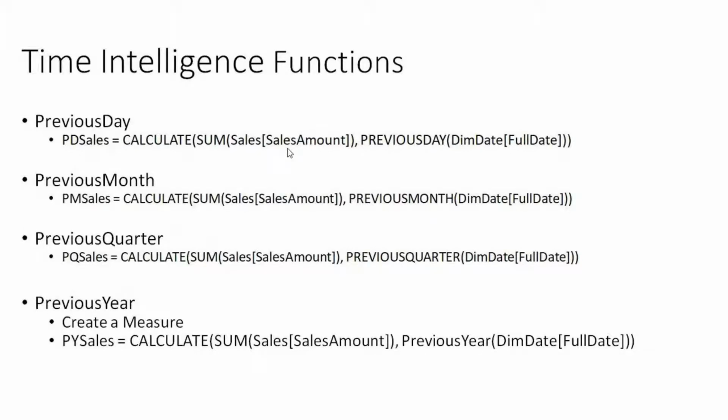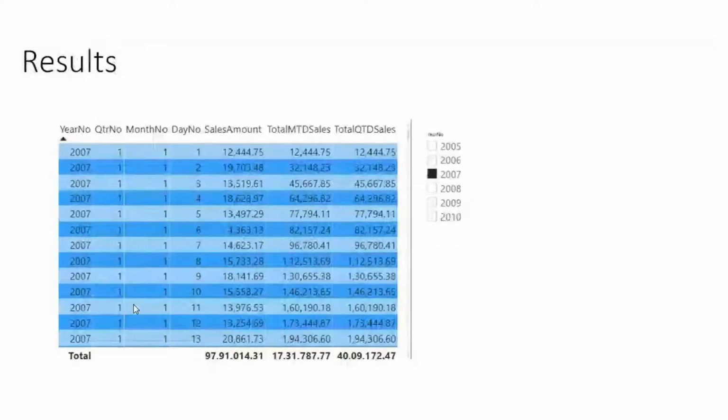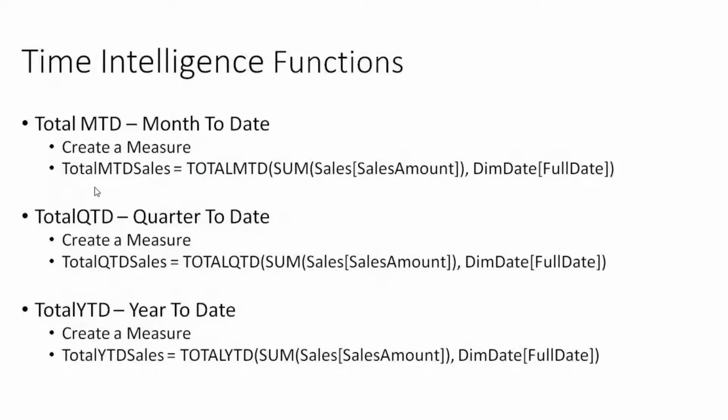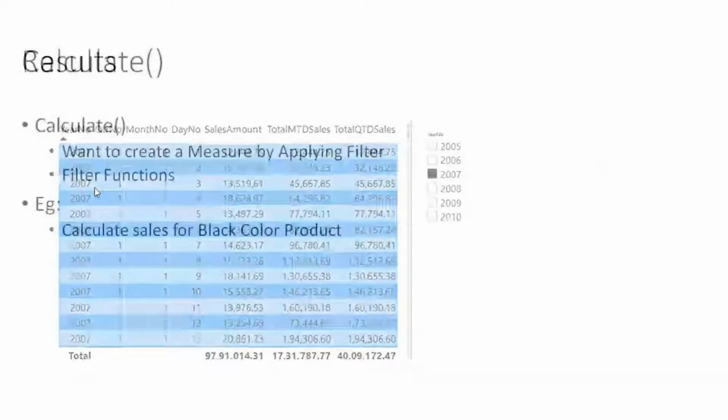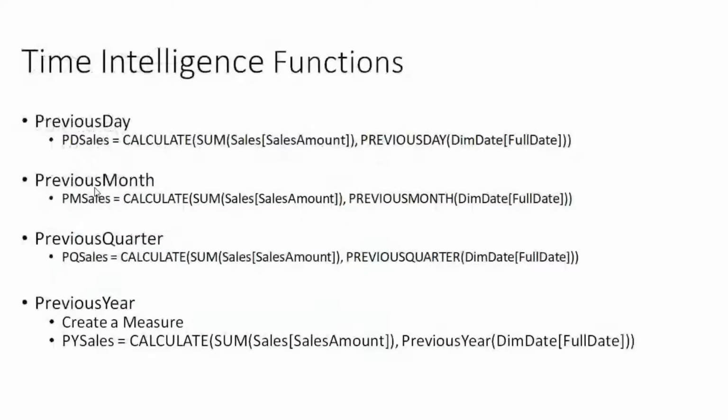If you want to get it, you should be able to use this function. The functions are called previous day, previous month, previous quarter, previous year. So earlier we have discussed what function? Total MTD, total QTD, total YTD. Clear? Now the next important functions are called previous year, previous quarter, previous month, previous day.